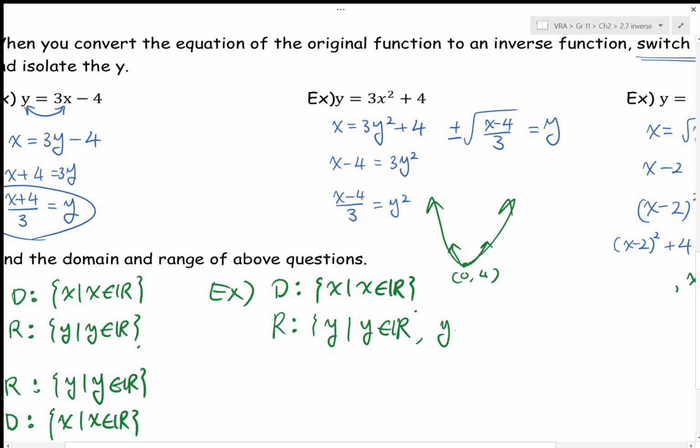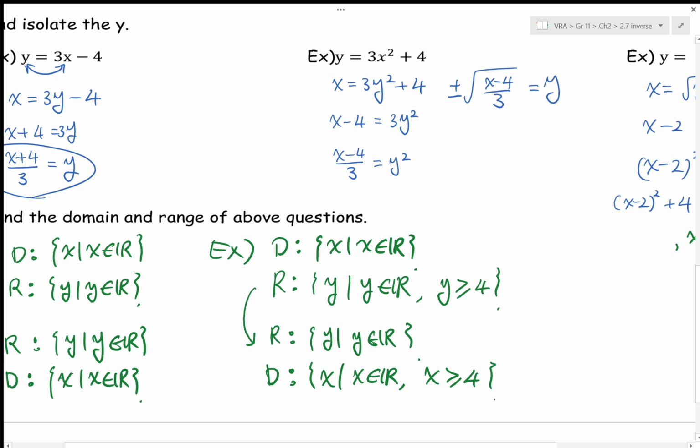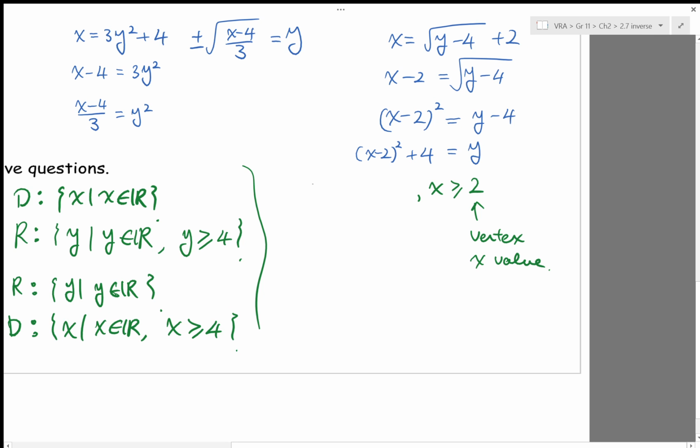So y has to be greater than or equal to 4. Now the domain and the range switch. So the range of the inverse is y such that y is an element of the real numbers, and the domain of it becomes x such that x is an element of the real numbers, but x has to be greater than or equal to 4. Now the last one is the tricky one.